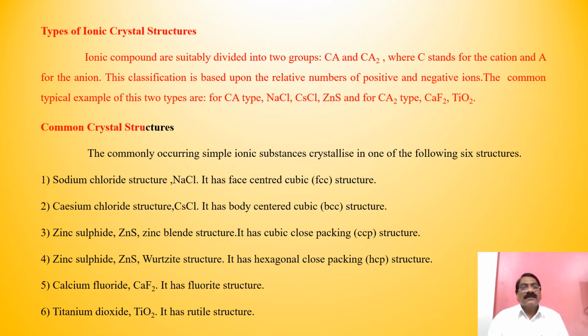Common crystal structures. The commonly occurring simple ionic substances crystallize in one of the following six structures. First, sodium chloride structure, NaCl. It has face-centered cubic structure, FCC. Second, cesium chloride structure, CsCl.